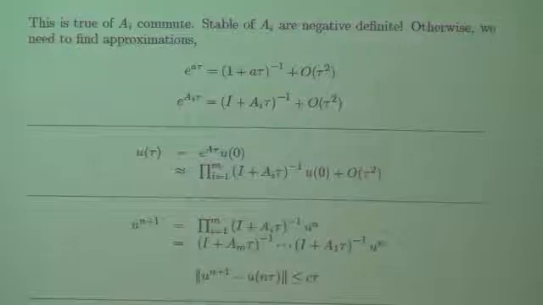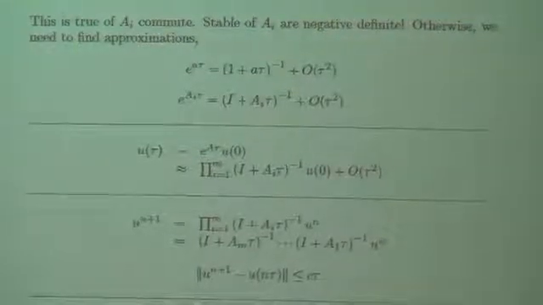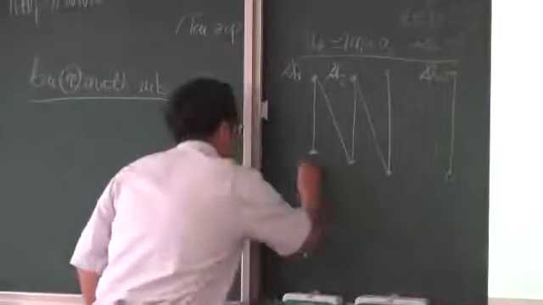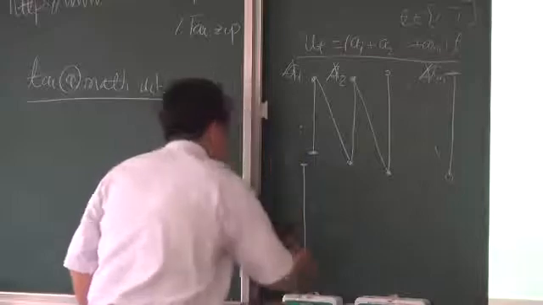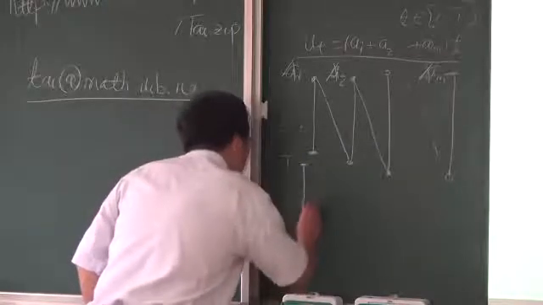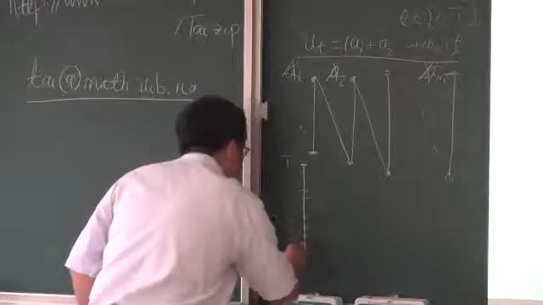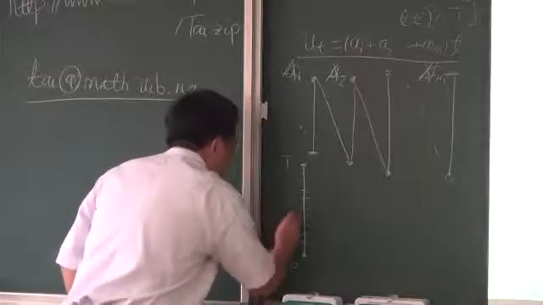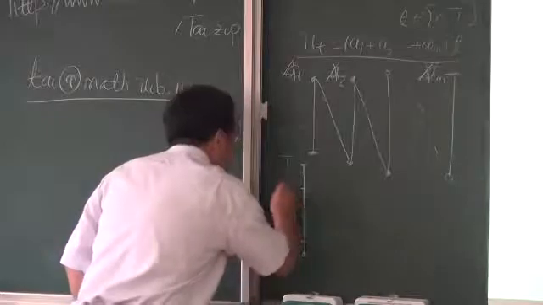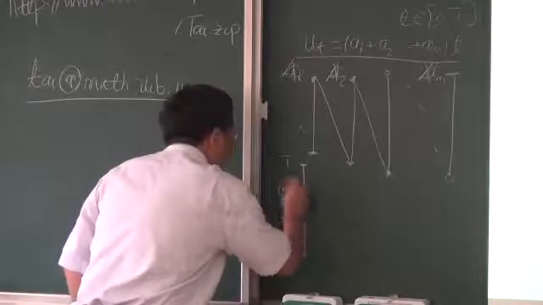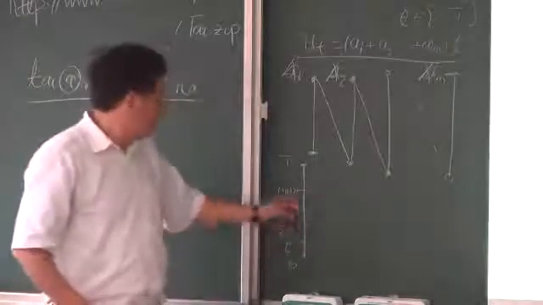And so therefore, instead of doing this, what you can do now is, I want to solve from 0 to t. So I divide this into small intervals. Each one has length τ: here is 1τ, here is 2τ, here is nτ, here is (n+1)τ.